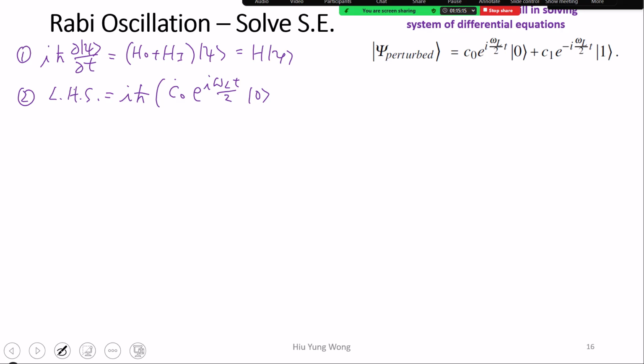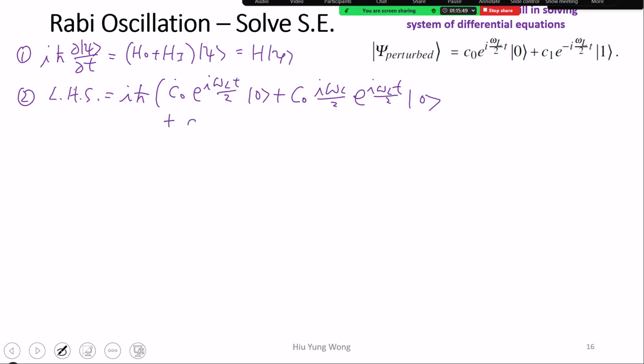What do you call it? Anyway, you need to do it. Then you differentiate the second term. The second term is i ω_L divided by 2 times e to the power i ω_L t divided by 2, |0⟩. Right? Because when you differentiate A times B, it is the derivative of A times B plus A times the derivative of B, right? That's how I get this first term. Is that okay?